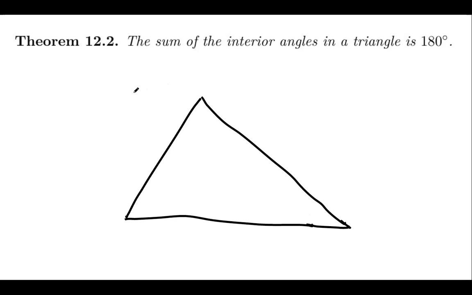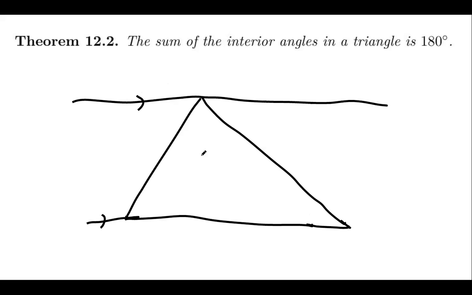And the first thing we'll do is we'll also draw a parallel line at the top. Okay, and then let's also give the triangle a few degree measures. So first, let's let that one be A, B, and C.